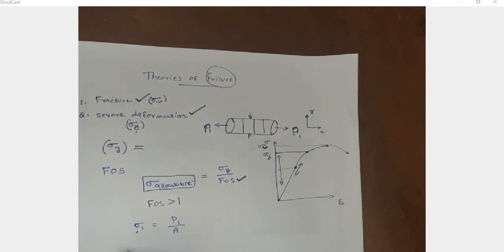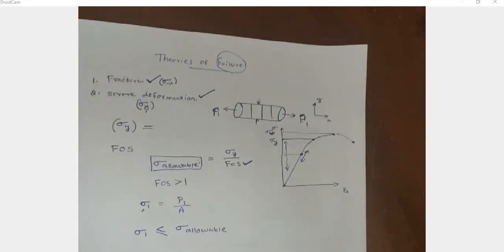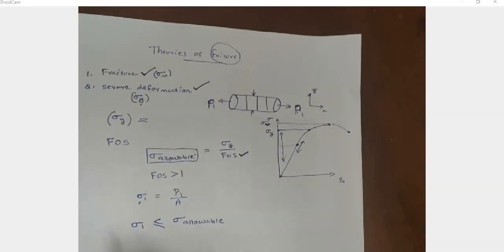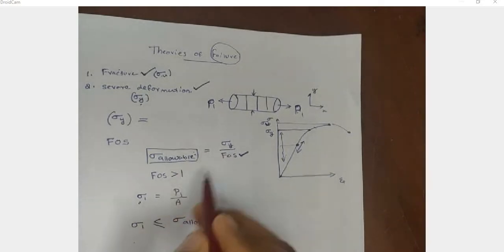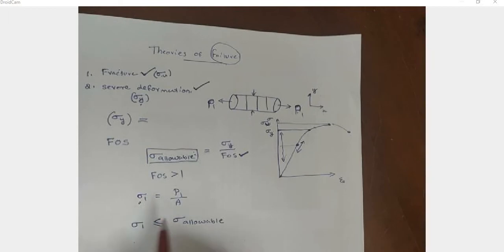So this is the essential condition: sigma 1 should be less than or equal to sigma allowable. We can design based on this. Instead of sigma 1 in this equation, we can use sigma allowable.